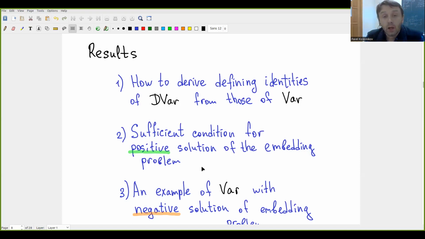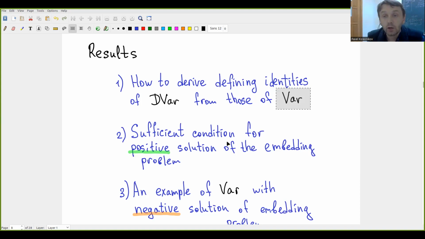Also, we can state a sufficient condition for a variety Var to be sure that the embedding problem is solved positively for all algebras from the derived variety.